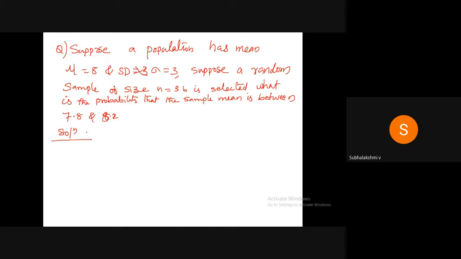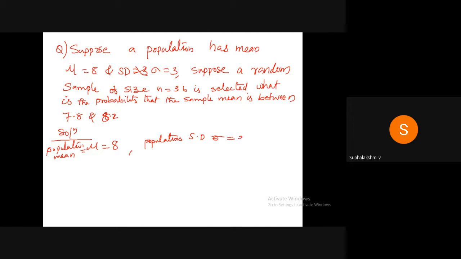Given that mu, the population mean, is 8 and the population standard deviation sigma is 3.